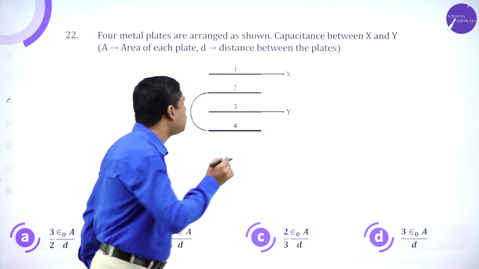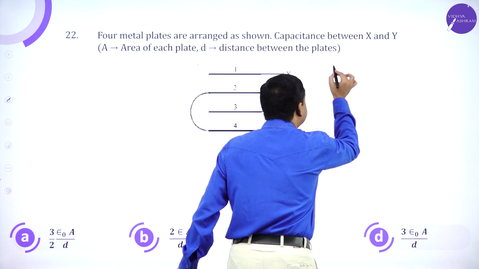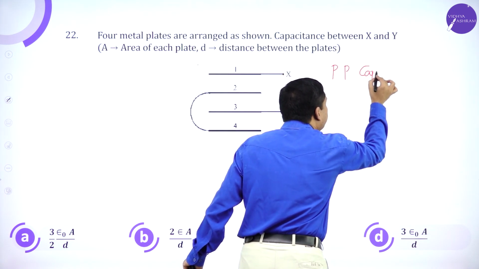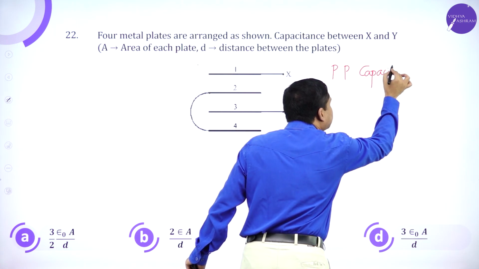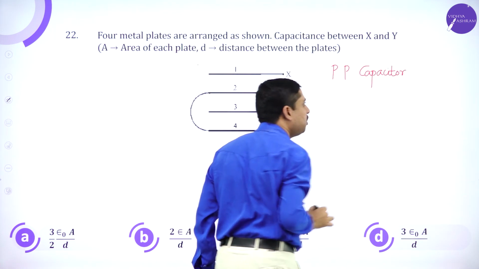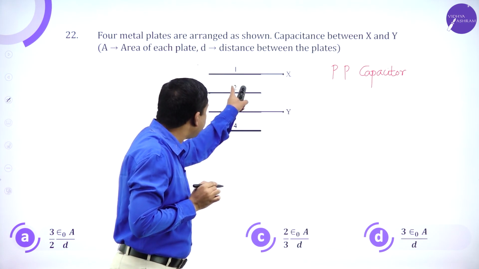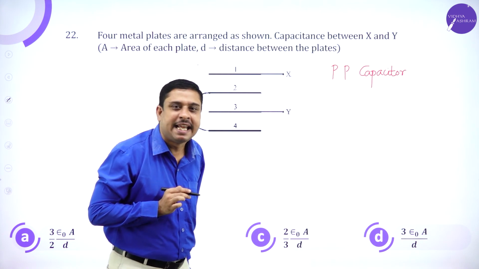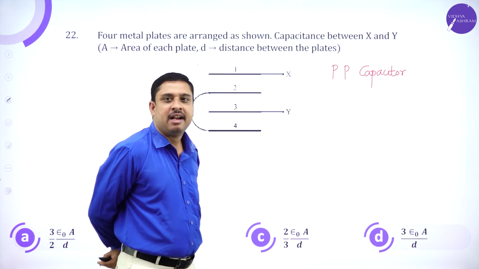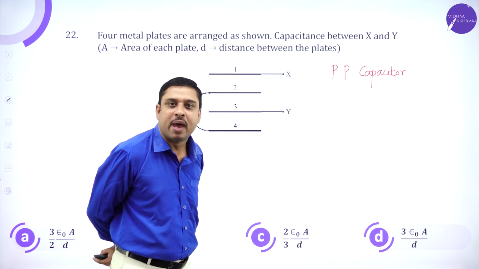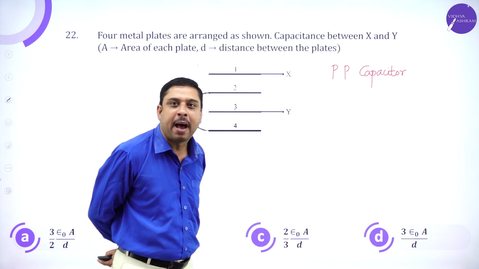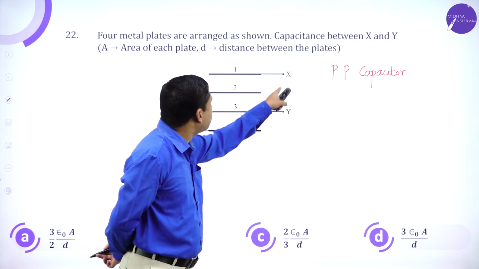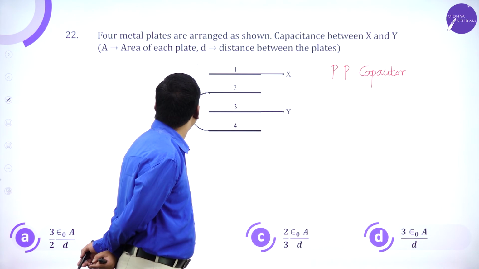And this arrangement is now similar to a parallel plate capacitor. ನೋಡಿ, 4 ಮೆಟಲ್ ಪ್ಲೇಟ್ಸ್ ಇದೆ. 1, 2, 3 and 4, and the arrangement is very similar to a parallel plate capacitor. Find the capacitance between X and Y.